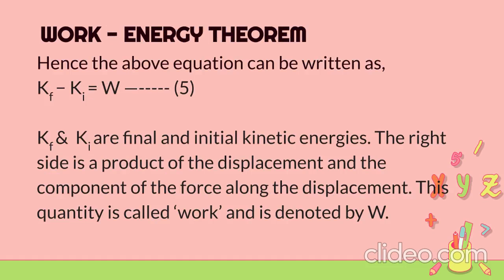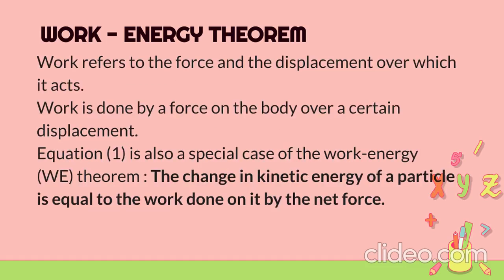So finally we arrive at the equation Kf minus Ki equal to W, where Kf and Ki stand for final and initial kinetic energies and W represents the work done. This is amazing because it clearly shows that the difference in the kinetic energies will appear as work. Otherwise, work is done by a force on the body over a certain displacement.